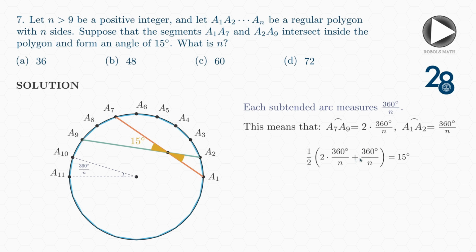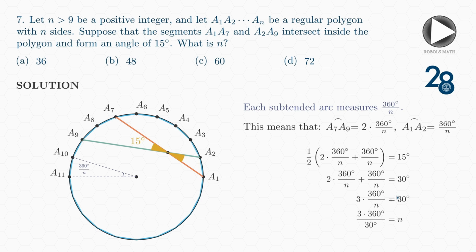So to remove the 1/2 here, we multiply both sides by 2. The right side becomes 30 degrees. And then this involves 360 over n, both of them. So this becomes 3 times 360 over n, the right side being equal to 30 degrees still.